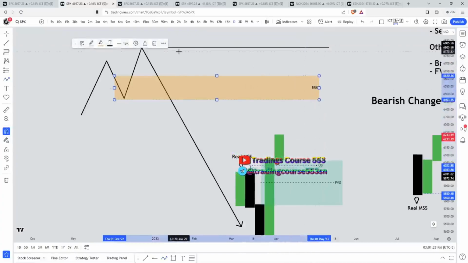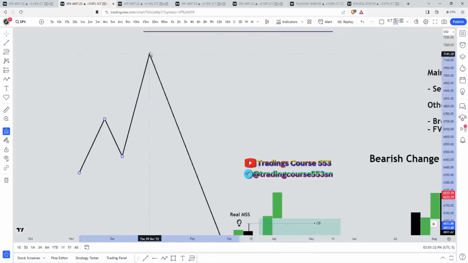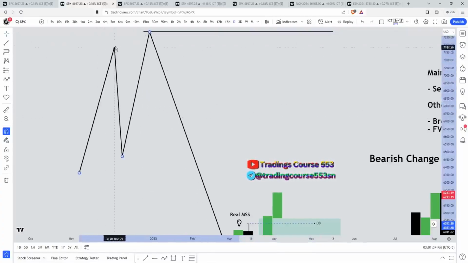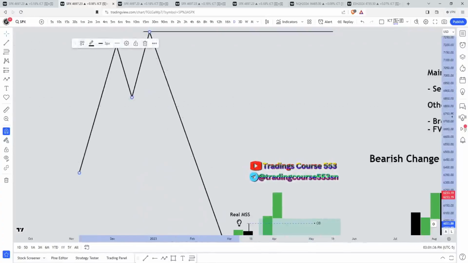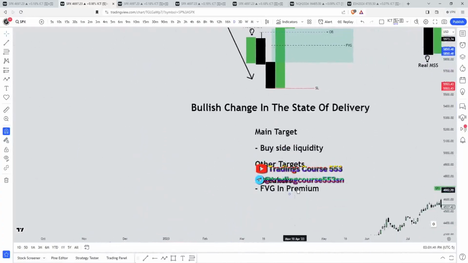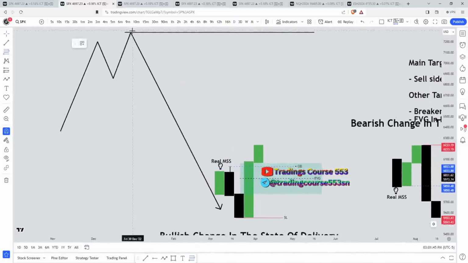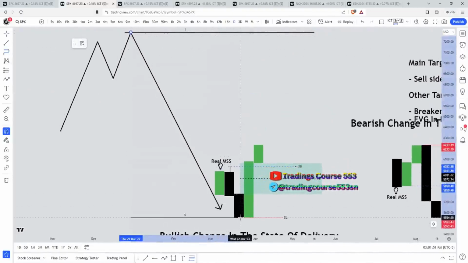What could also be a target, let's say that this is even a little bit higher up. Let's say the buy side is all the way up here. So sometimes it's not always going to be that close. What you could do, like I stated right here, you could target a fair value gap in a premium. From this high where it started that delivery and that speed to the downside, you're going to draw a fib from that swing high to the swing low of where the order block came in.